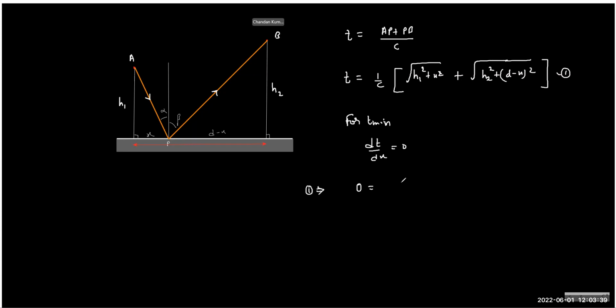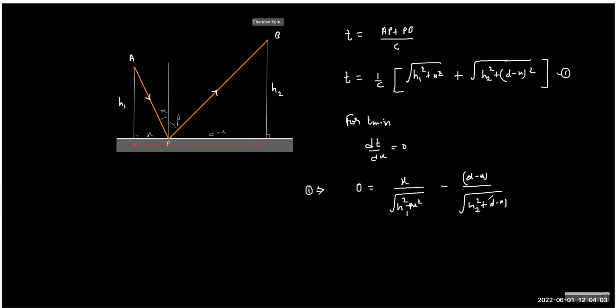And I hope you know the differentiation of the function. It will give you x upon square root of h1 square plus x square, and this will give you minus, d minus x upon the entire term.